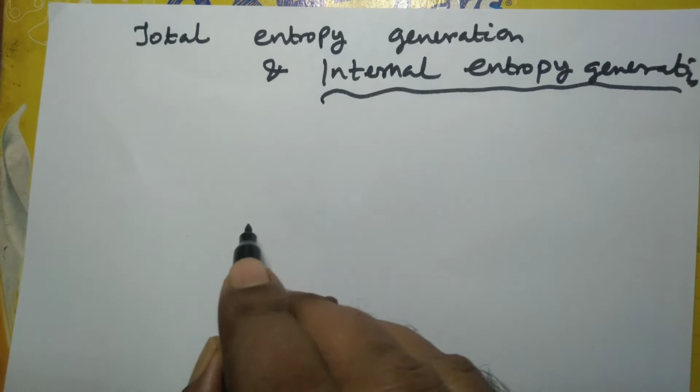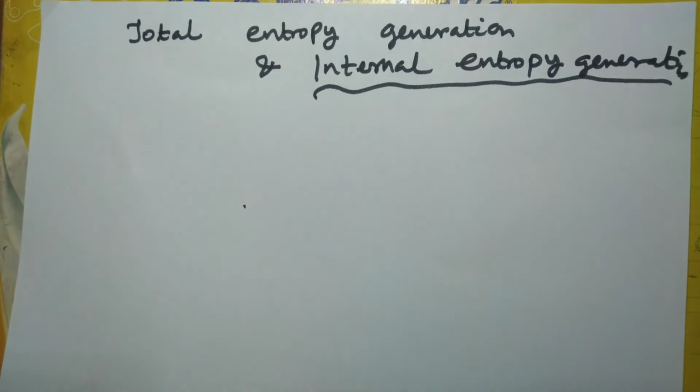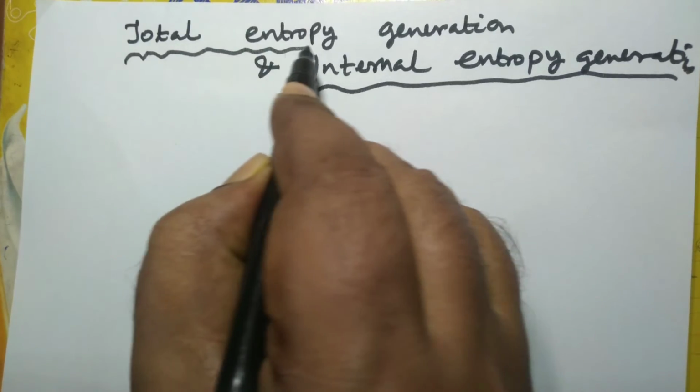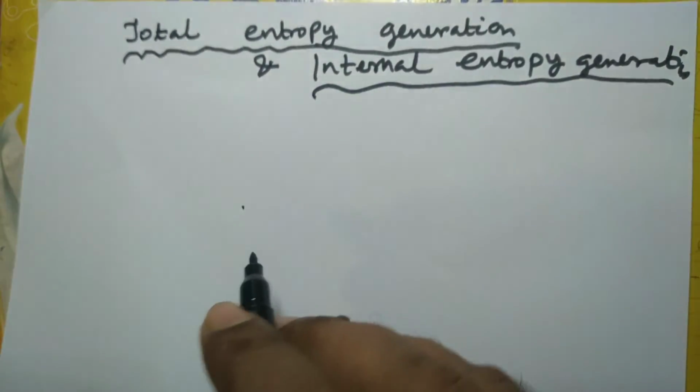And if you take the system and its immediate surroundings as an extended system, then if any kind of entropy is generated outside the system but inside that extended system due to certain external irreversibilities, then whatever entropy is generated, if you take that into account, that will be called your total entropy generation.